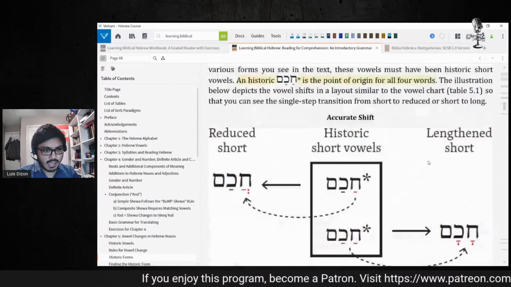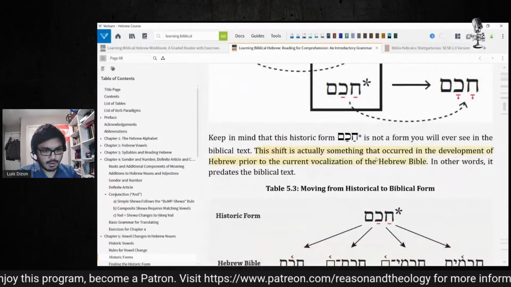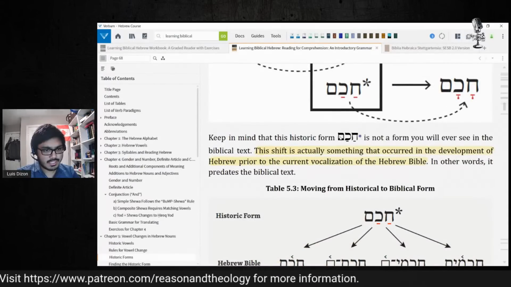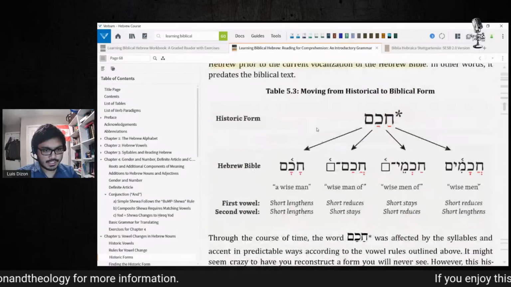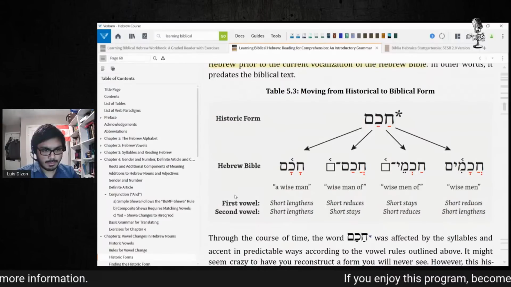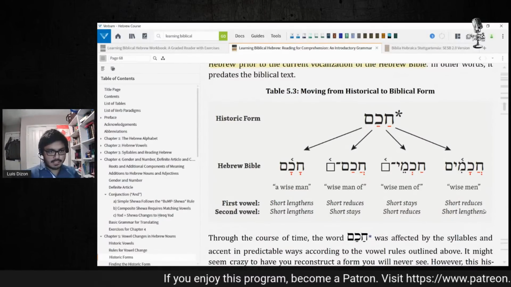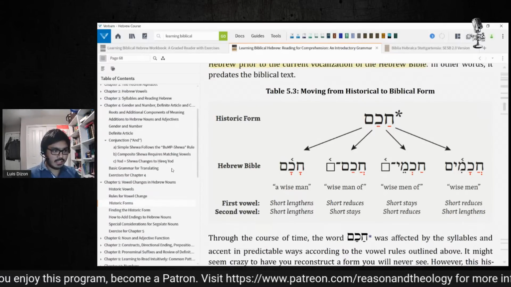So let's look at the word chacham, okay? In its historic form, you will have chacham with two patachs, but you will never see the word chacham with two patachs because it will always change into one of four different permutations. So here is the table that shows you how they change.